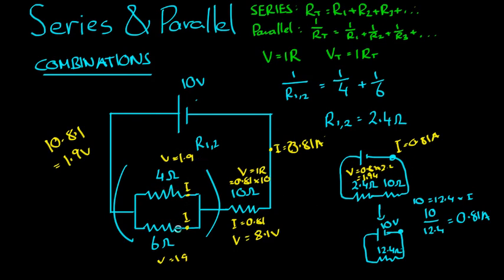If both of these components have 1.94 volts, we can apply Ohm's law to each of these components. V equals IR, so V on R is equal to I. This I value here is equal to 1.94 on 4, which I have as 0.485.